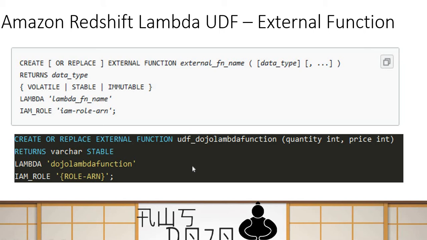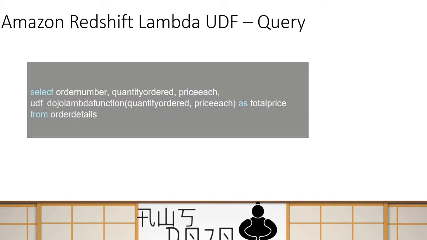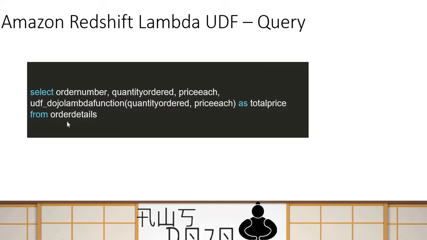And once you have created the UDF function, you are all good. You can simply use it in a query, and this is an example of the query. In this one, I'm running a query where I'm reading records from the order details table. I'm selecting order number, quantity ordered, and price, then I'm calling the UDF function, which in reverse calls the Lambda function, and I pass quantity ordered and price each as parameters to it.